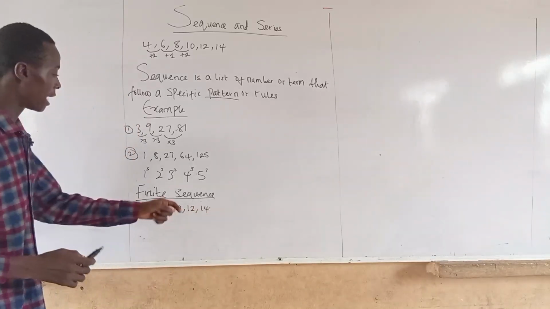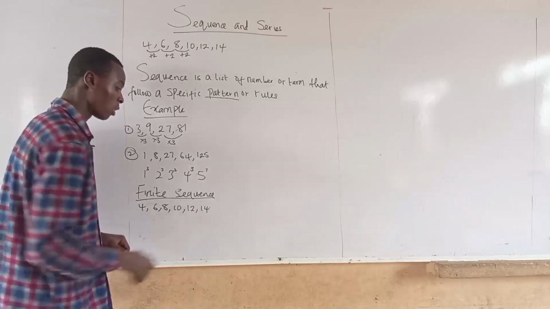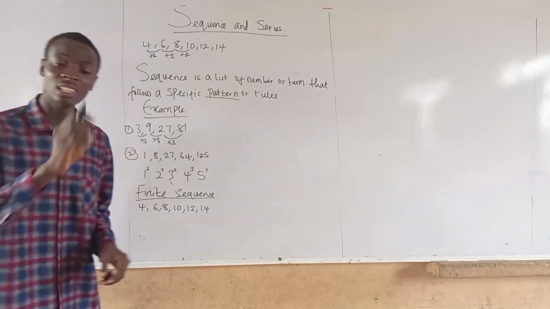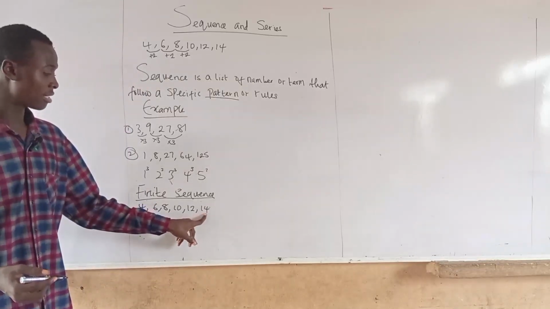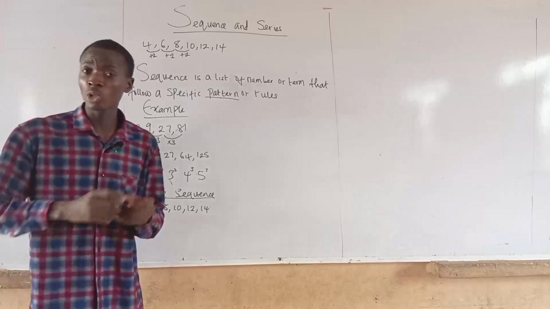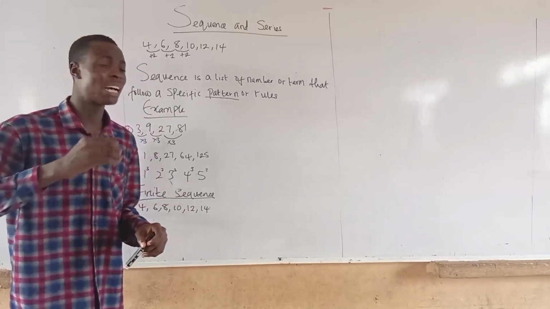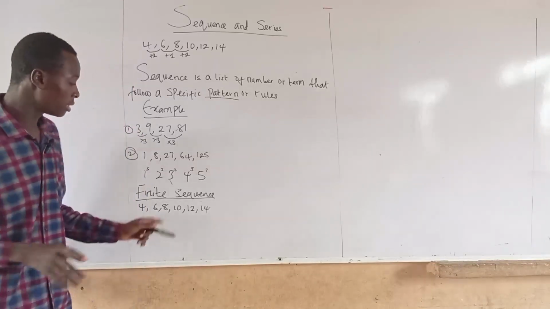This is an example of a finite sequence. A finite sequence is a sequence that has an ending or a limit, from the word finite, something that has a limit. Because we stop here, it is a finite sequence. Some sequences continue forever. They are infinite, to the largest amount of numbers you can imagine. So that one is infinite, but this one is finite.